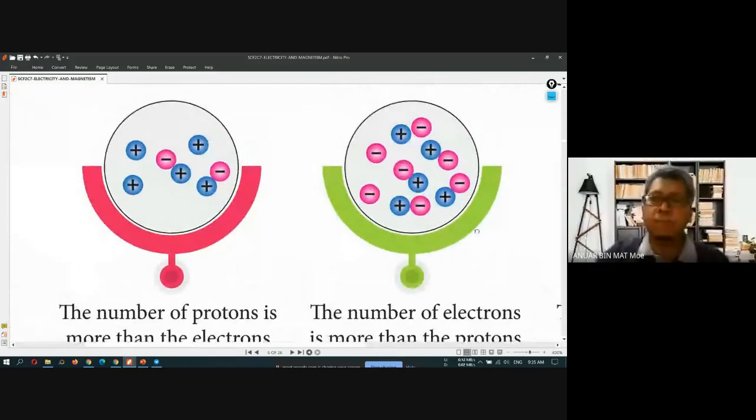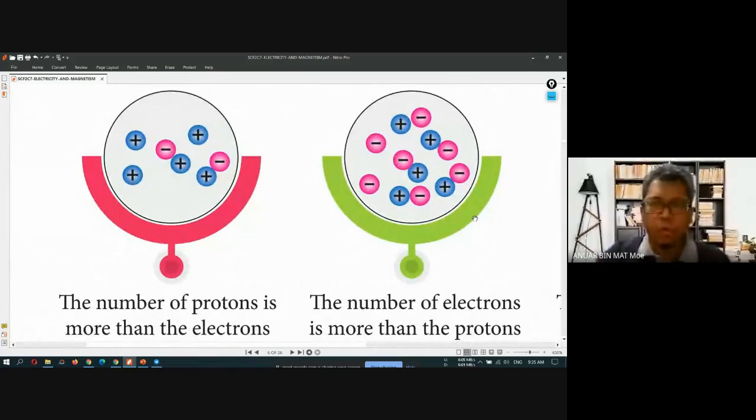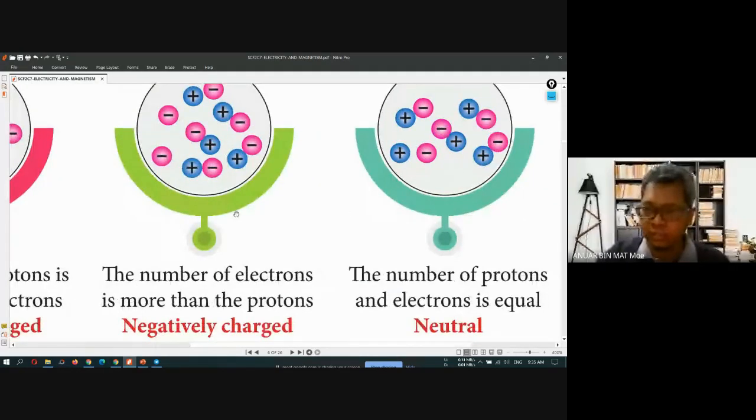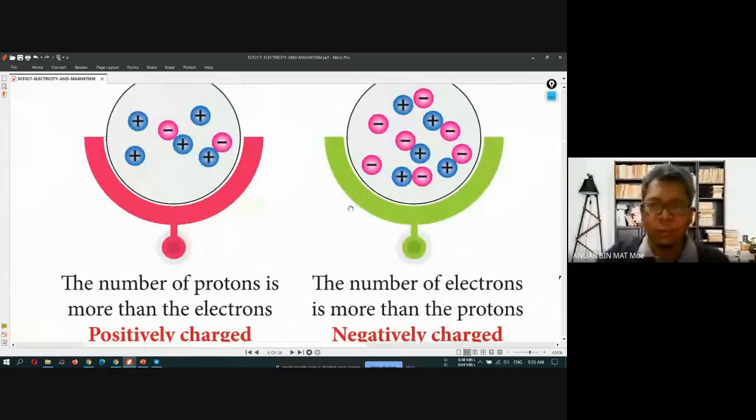The question now is why some objects are positively charged, why some are negatively charged, and why some are neutral.